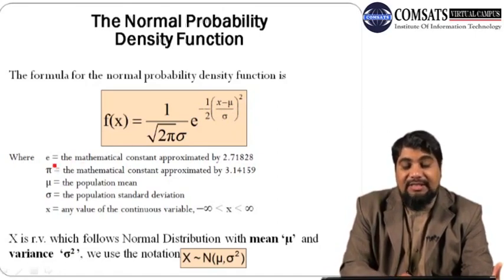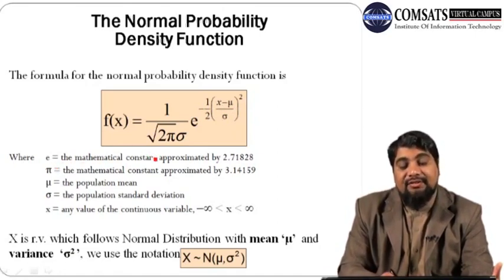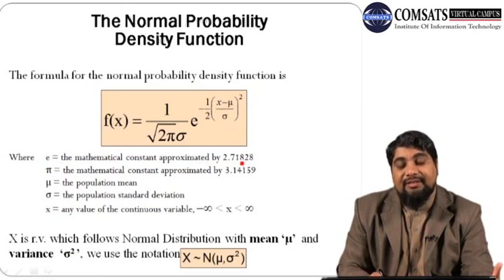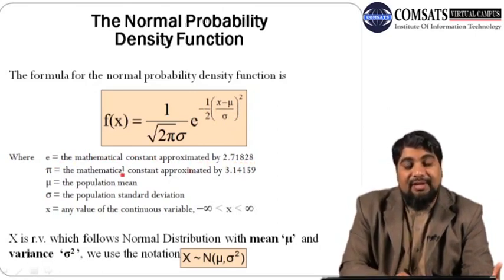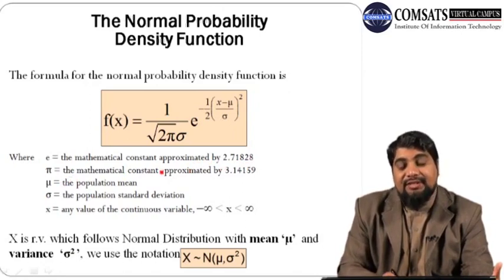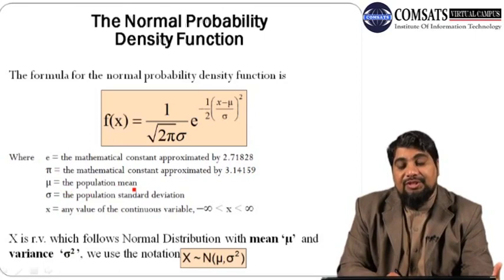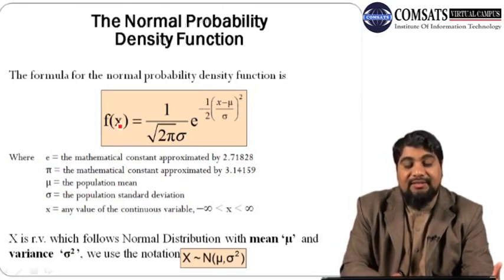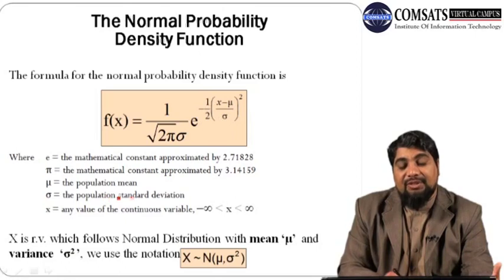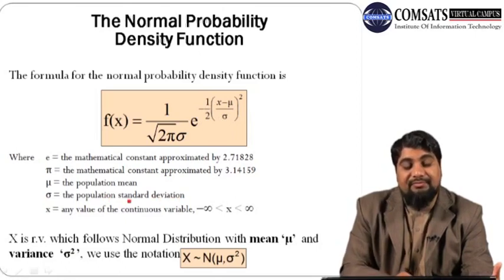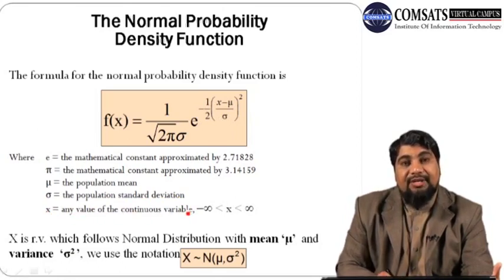And here this e is a mathematical constant which is approximated by 2.71828, and pi is another mathematical constant which is approximated by 3.14159, and mu is called the population mean of this random variable x, and sigma is called the population standard deviation. And x is any value of the continuous variable from minus infinity to plus infinity.